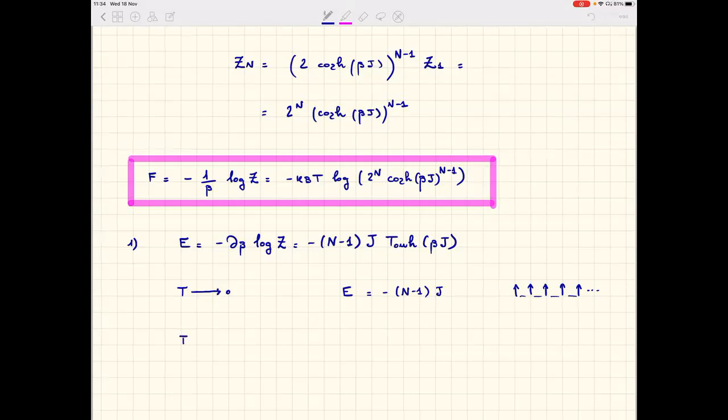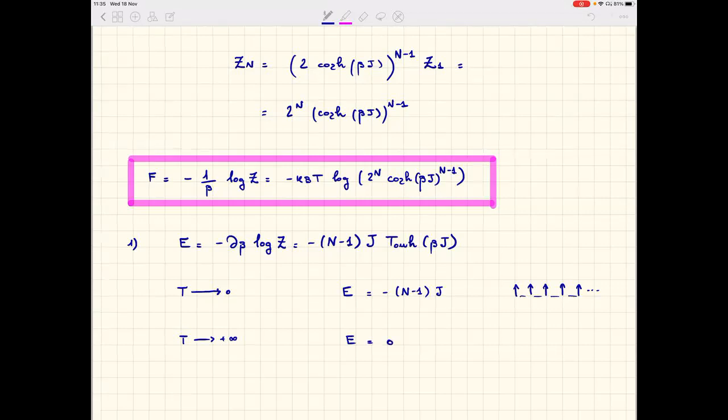And now let's take the opposite limit, temperature going to infinity. Before taking this limit in the mathematical expression, tell me what should be the energy at infinite temperature? 0. Why? Because it does not correlate at all.